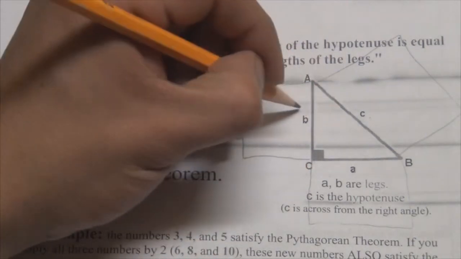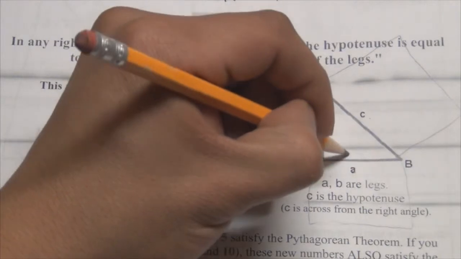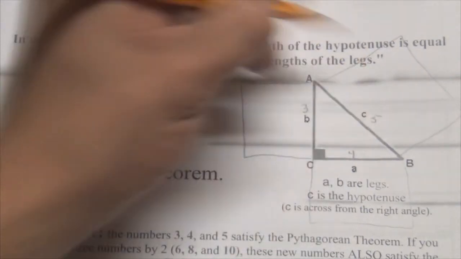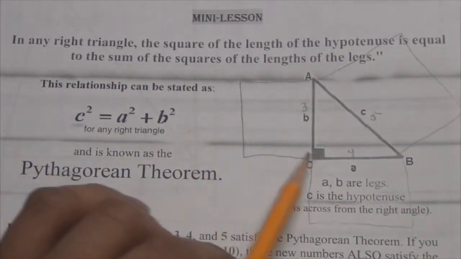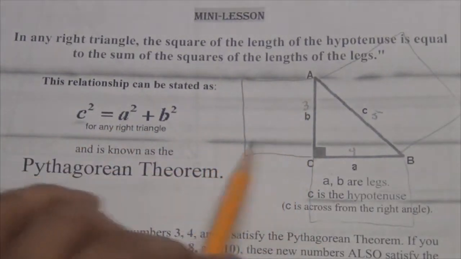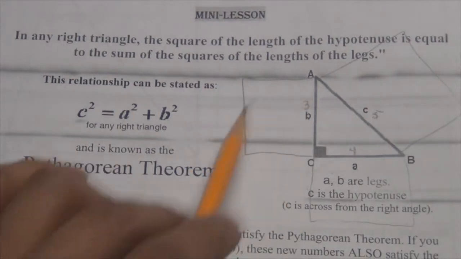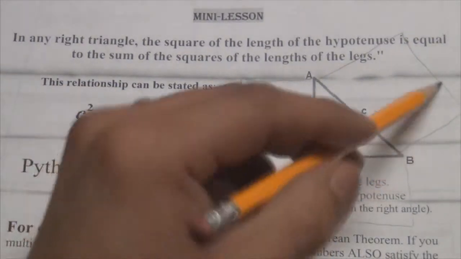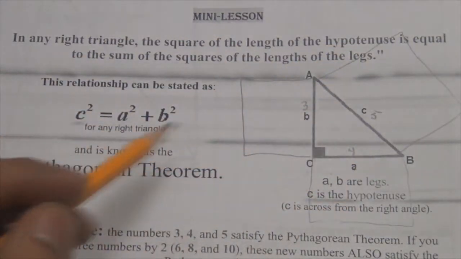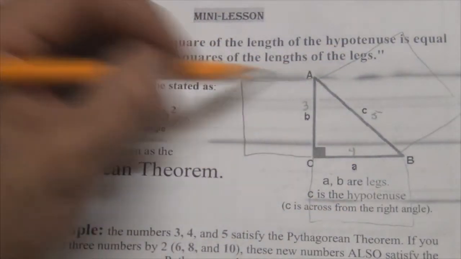So in other words, if this was 3, this was 4, and this was 5, the length of each of the squares, you know that in a square all sides are congruent, in other words, equal in measure. So if this is 3, this is 3, 3, 3, 5, 5, 5, 5, 4, 4, 4, 4, and so on and so forth.